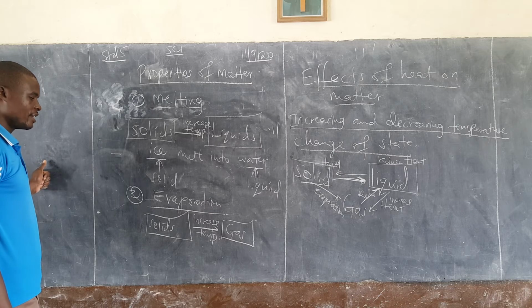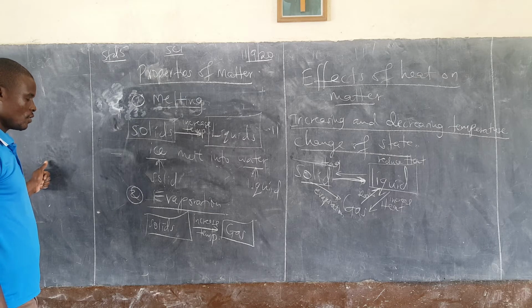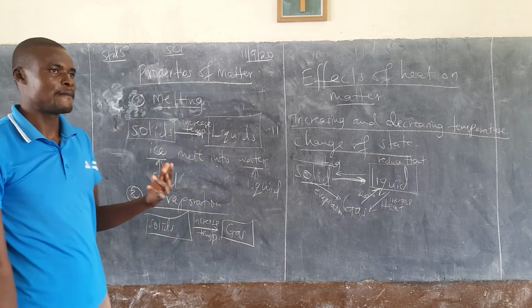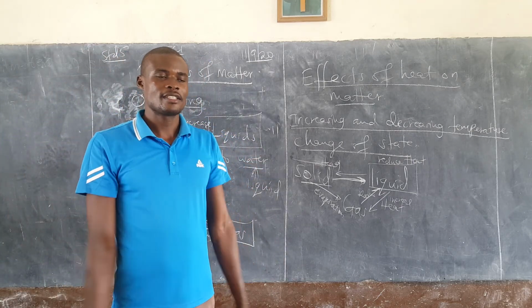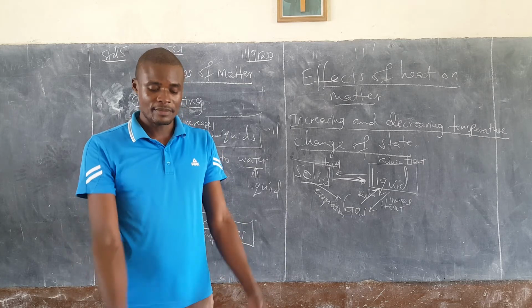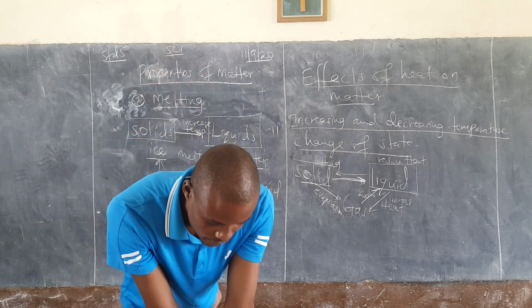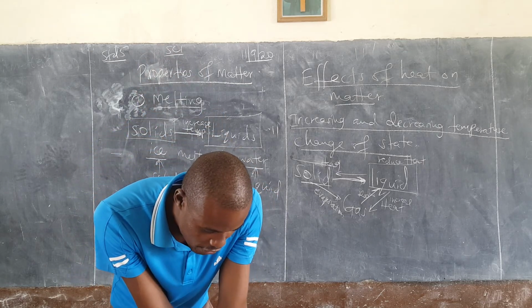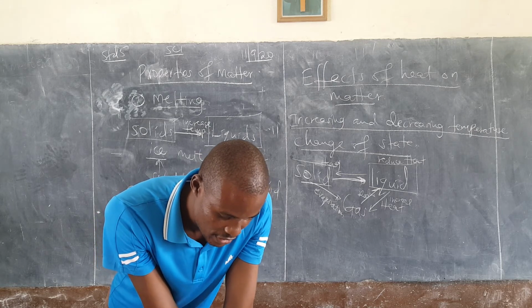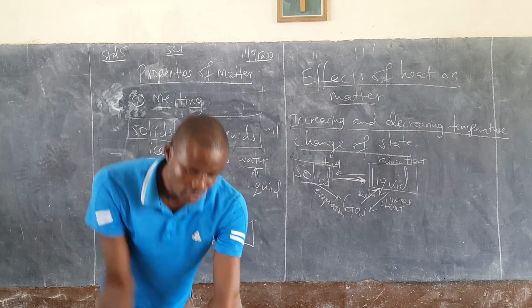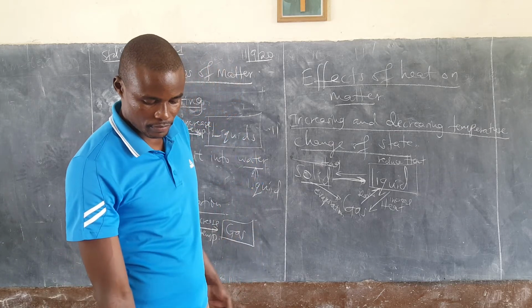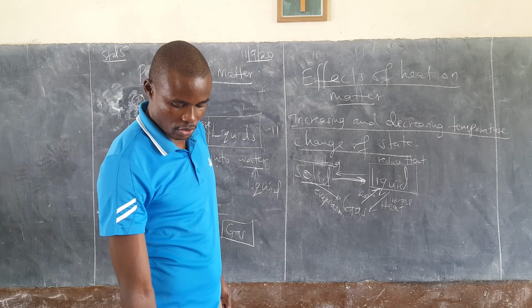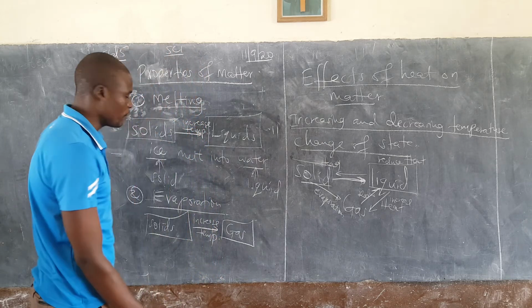Let us check the example given here. When some liquid water is put in a beaker and heated to boiling, the water starts forming steam. So liquid changes into gases by evaporation.